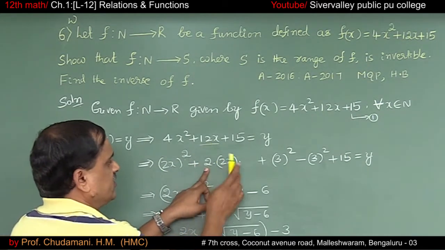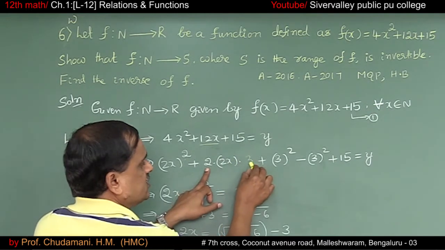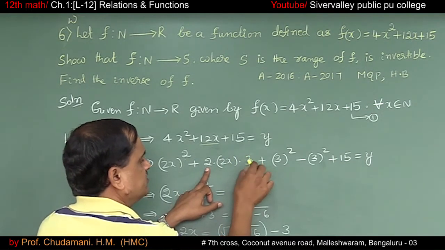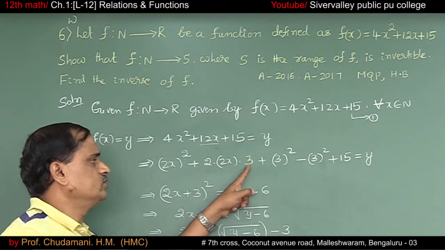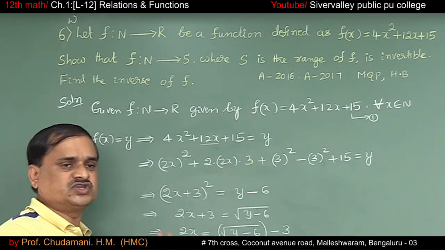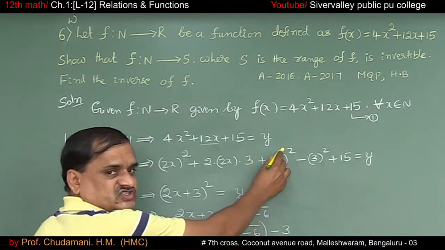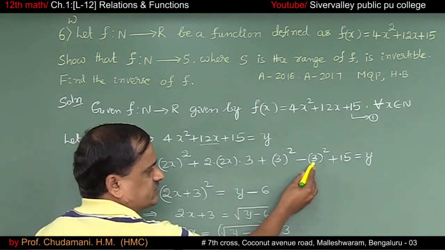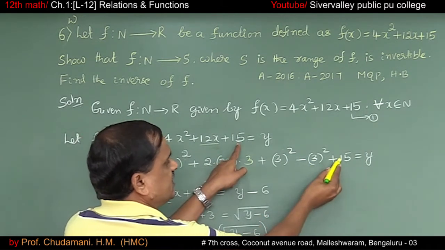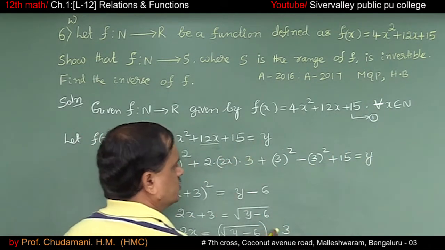I want 12, 4 into 3, 12. Observe now, 2 into 2 into 3, 12x only. No change in the value. So this is b actually. I just add b square. To balance it, I have subtracted b square. 15 as it is, equal to y.